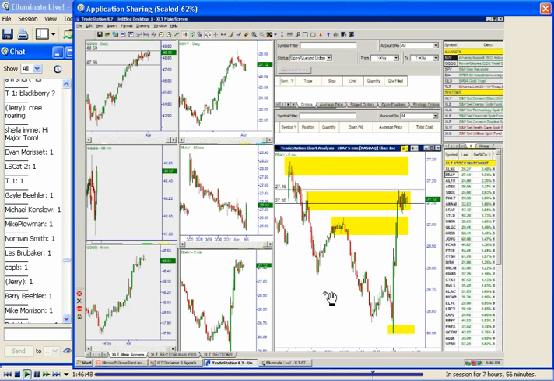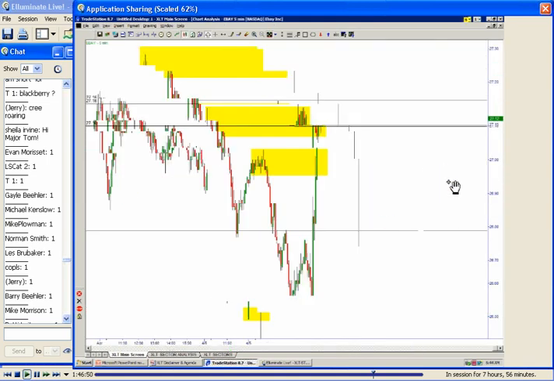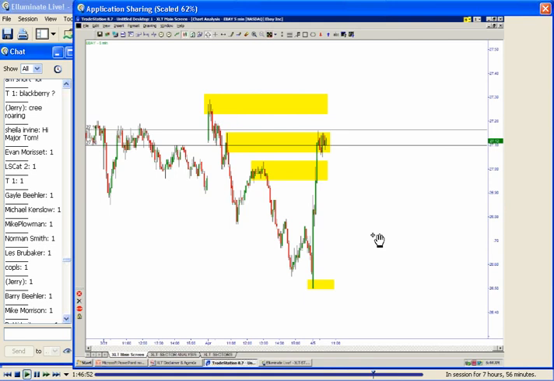Now, I want to show you something here. See how eBay on the 5-minute chart is basing right at the highs of that big move? What does that tell you about price? What's happening here? What's the story being told?